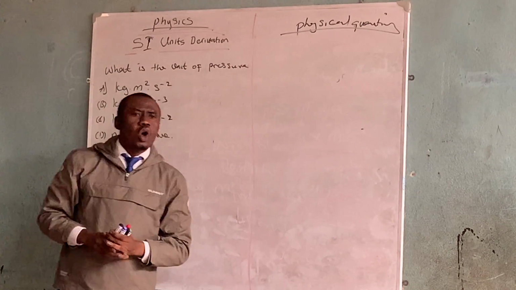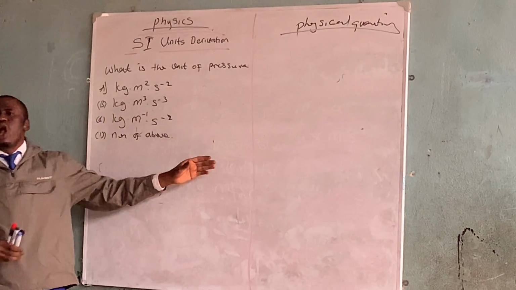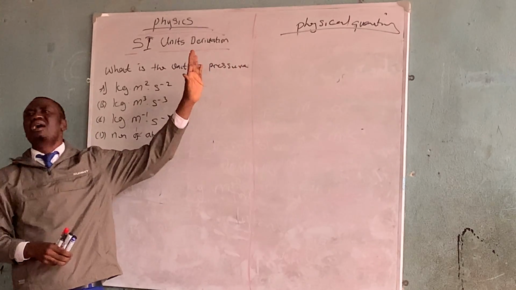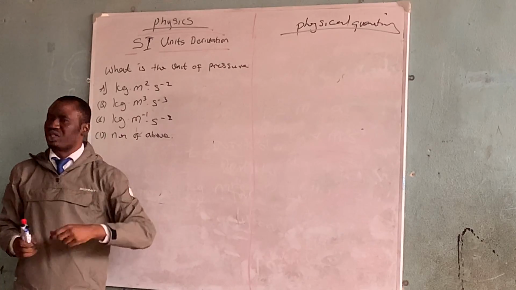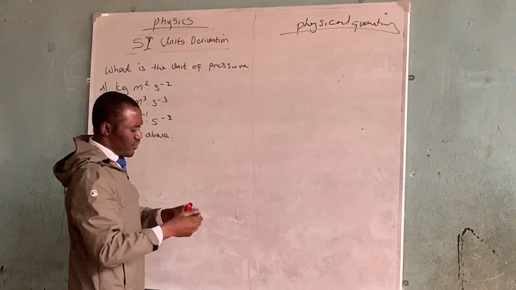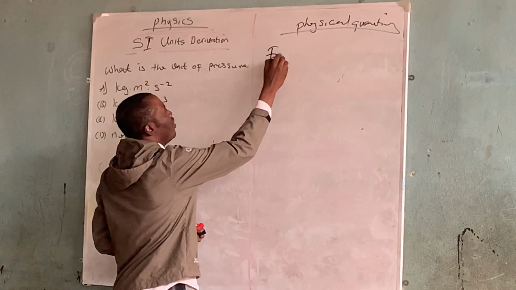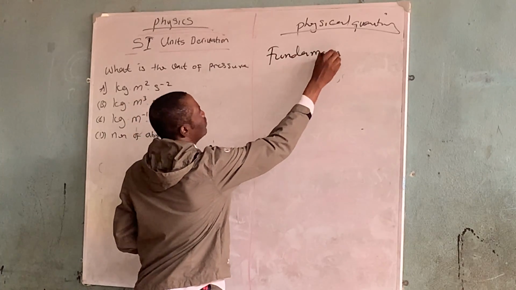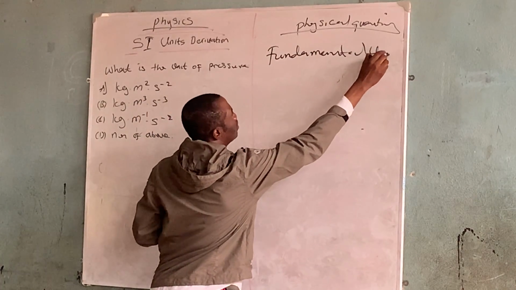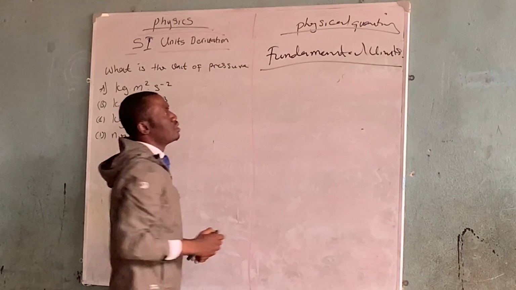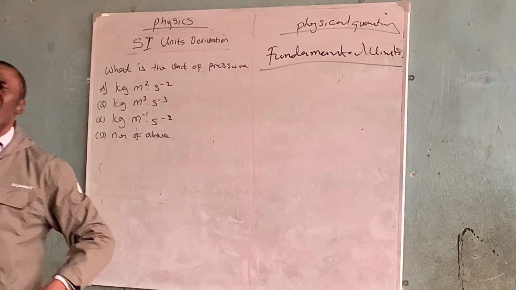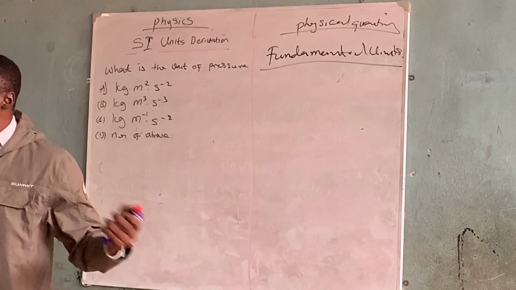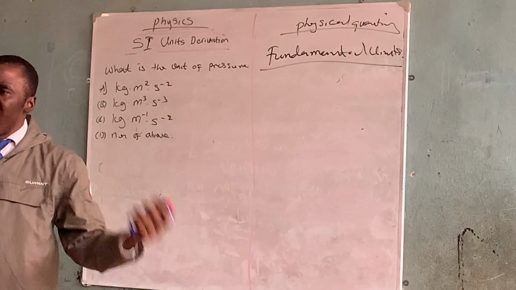So, what do we do? We bring out all the quantities and the units, and then we visualize. For instance, we have the fundamental units. I'm saying units because you must have heard the words fundamental quantities and derived quantities.